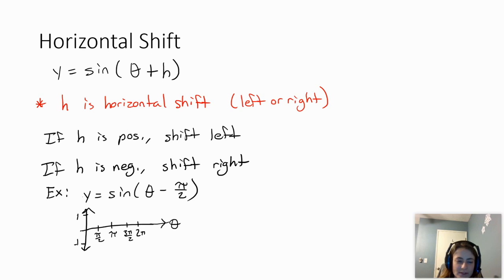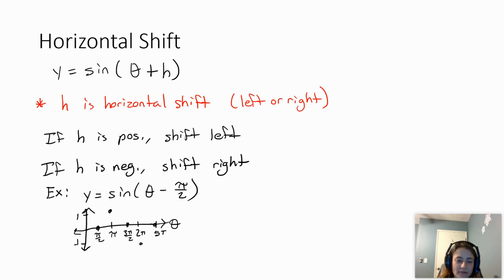Usually sine would start at 0, but now we have this horizontal shift, pi over 2, and it's negative, so we're going to shift to the right. So instead of starting at 0, we're going to start at pi over 2, since we're moving pi over 2 to the right. So we start at the midline, max, midline, min, and midline again.